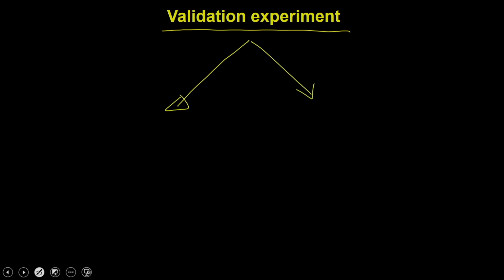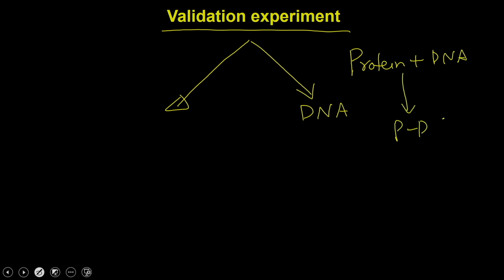One, where you remove the DNA, because the protein is forming a complex with DNA to give you the protein-DNA complex. If I remove this, I should not get the PD complex.